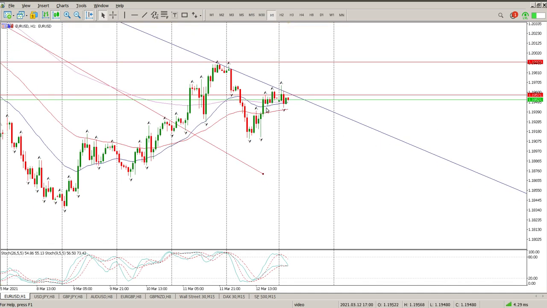Right, so looking at the hour, and that's the one that we want to be trading. There is nothing to trade at the moment. We are in the moving averages right now, so above and below the moving averages, we are in a range. So trend line on the upside, and we have another trend line further down. However, the way I see this is quite simple.